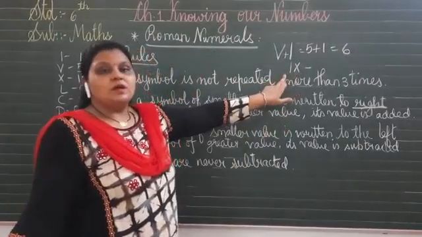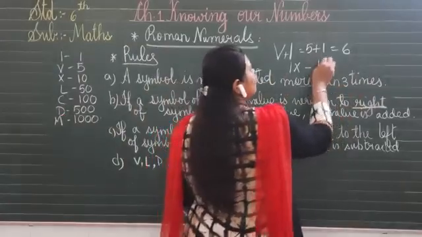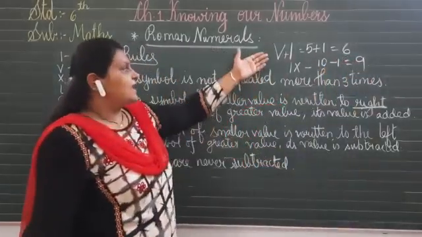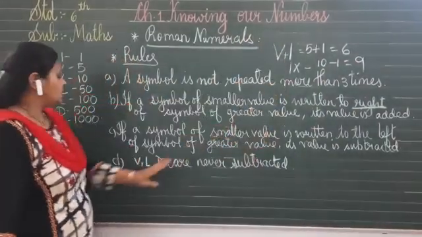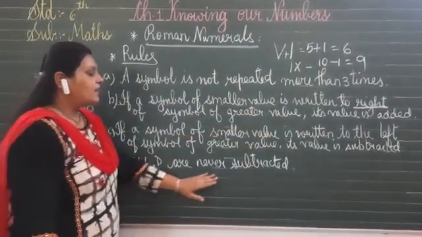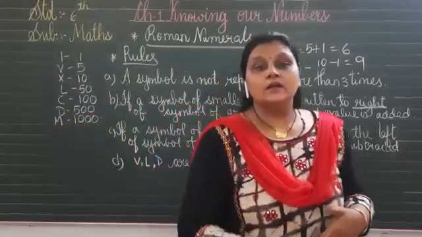Here, I is smaller, which is written on the left side. So we will subtract 10 minus 1, 9. So this is how we do addition and subtraction in Roman numbers. Next rule, V and D symbols are never subtracted. You cannot subtract these symbols.